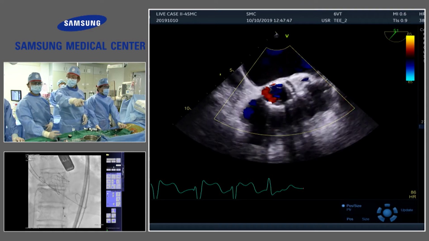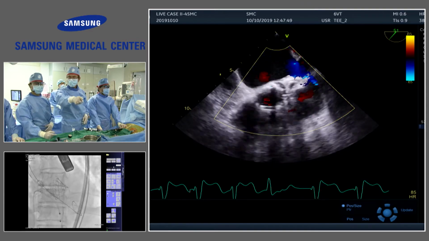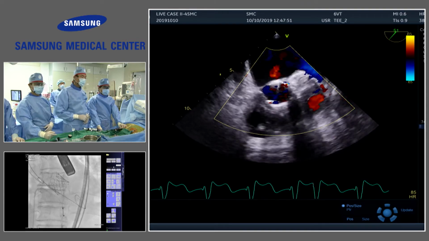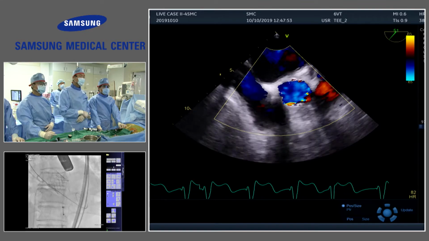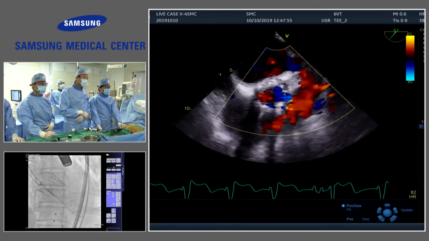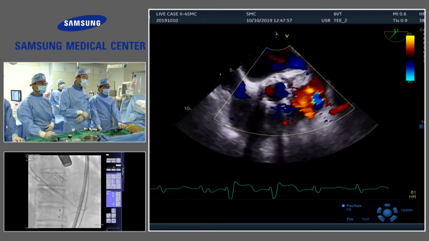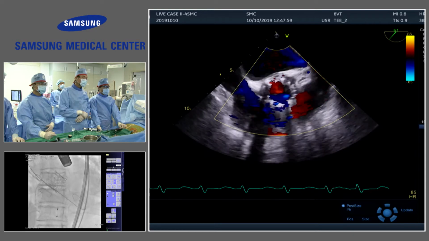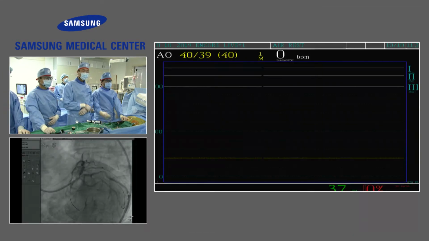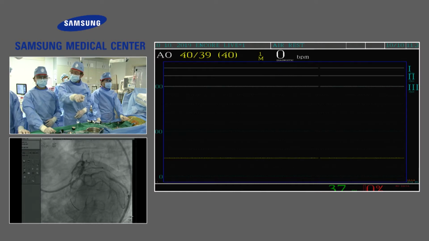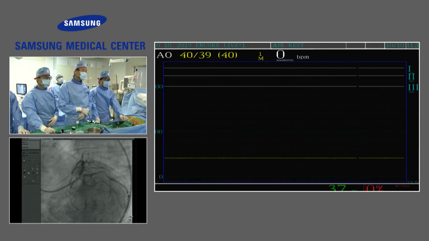Can you please show us the hemodynamics? Blood pressure. Blood pressure is low. Pace the beat. The pacing beat. Please put the hemodynamics on the small screen, then the angio on the big screen. Yes, the hemodynamics is now coming up. Blood pressure was low at about 50, but now 81.